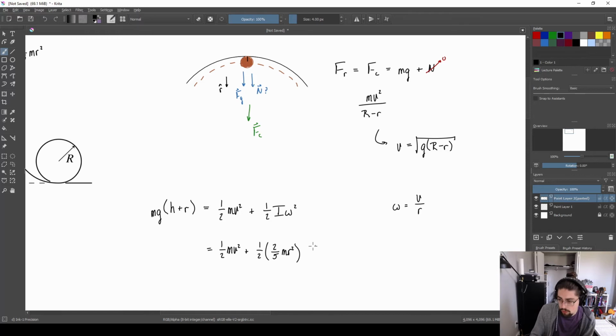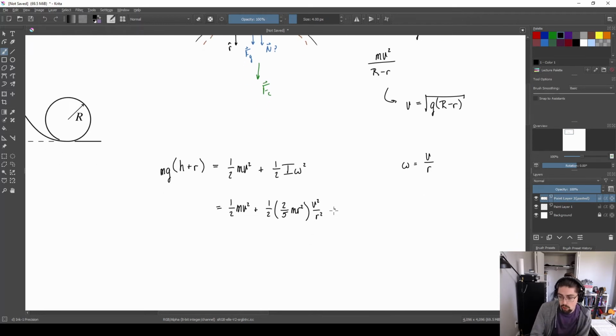And then my angular velocity is going to turn into v squared over r squared. So my r squareds are going to cancel out, and what I'm going to be left with is 1/2 mv squared plus 1/5 mv squared. That sums up to be in total 7/10 mv squared.